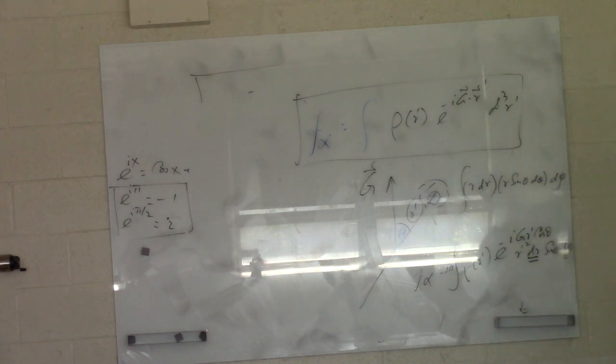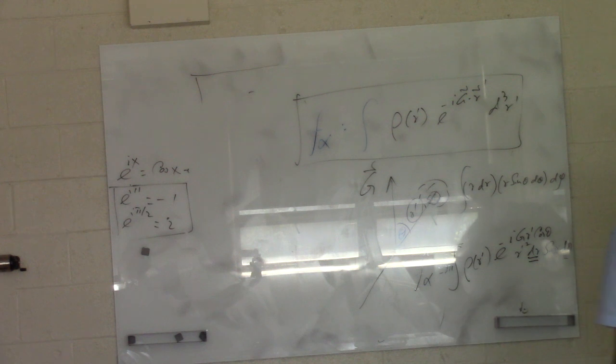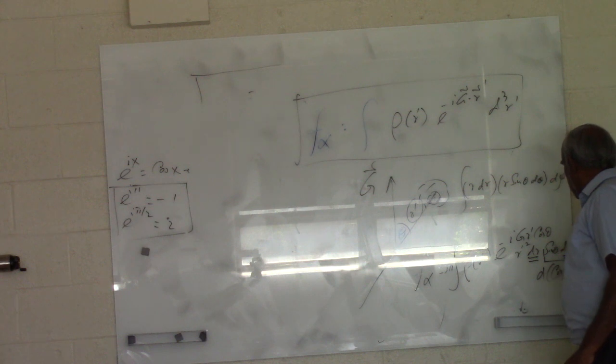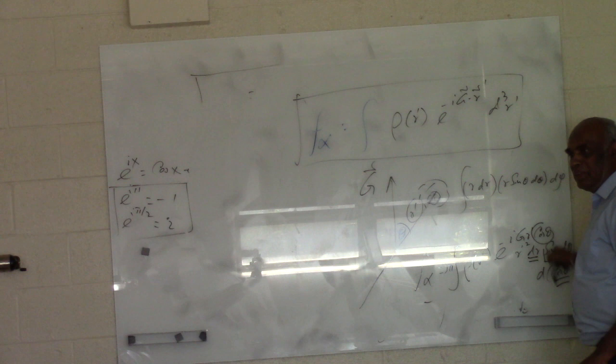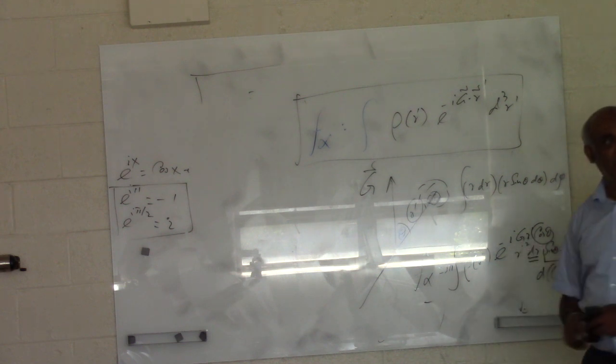You can see here, e to the minus i G r' cosine theta, then r' dr', then sine theta d theta, which you can write as what? d cosine theta, negative, right? Then you can easily integrate that one, right? That means this one divided by i G r' here.